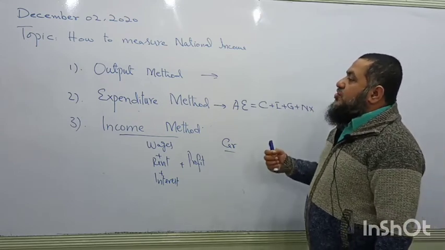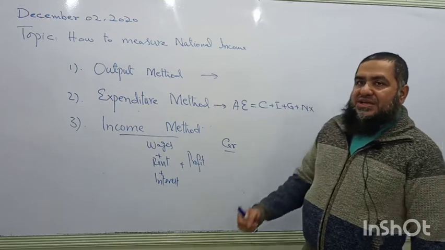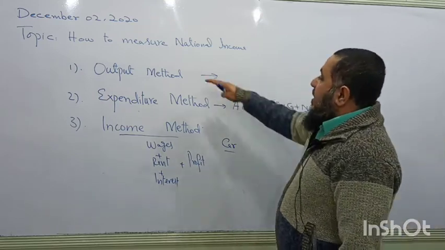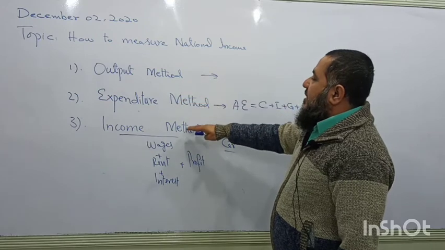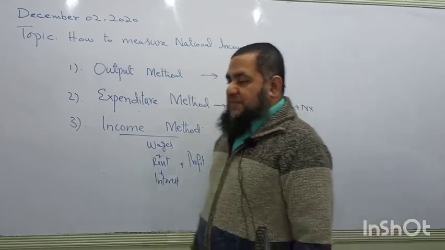Unless we assume that there are no leakages, all these things like output, expenditure and income will reach the same figure.